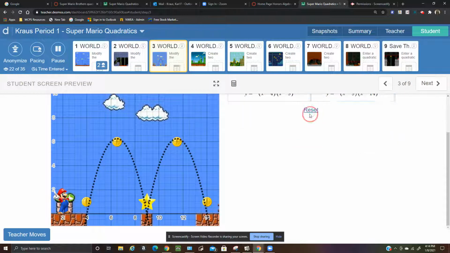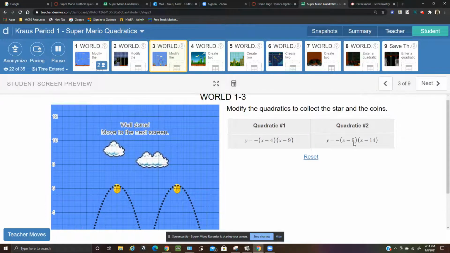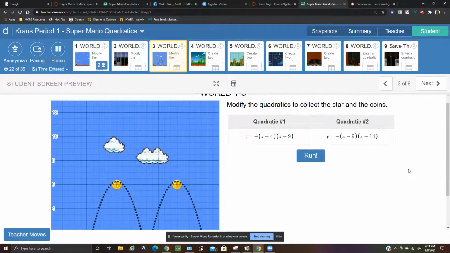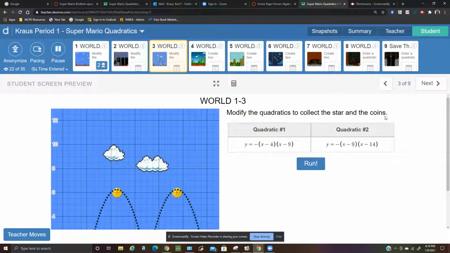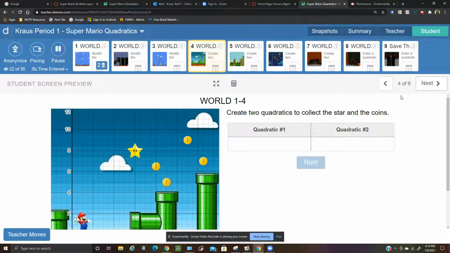So now if I hit run, Mario collects everything there, the coins and the stars. So when you get to this reset button, you can stop because it's not going to go any further. But some of the slides have more than one activity on it.